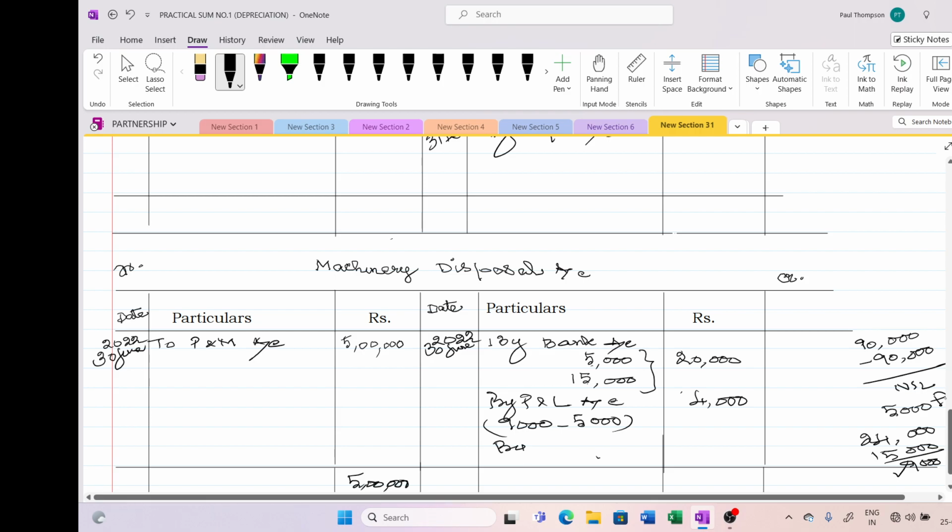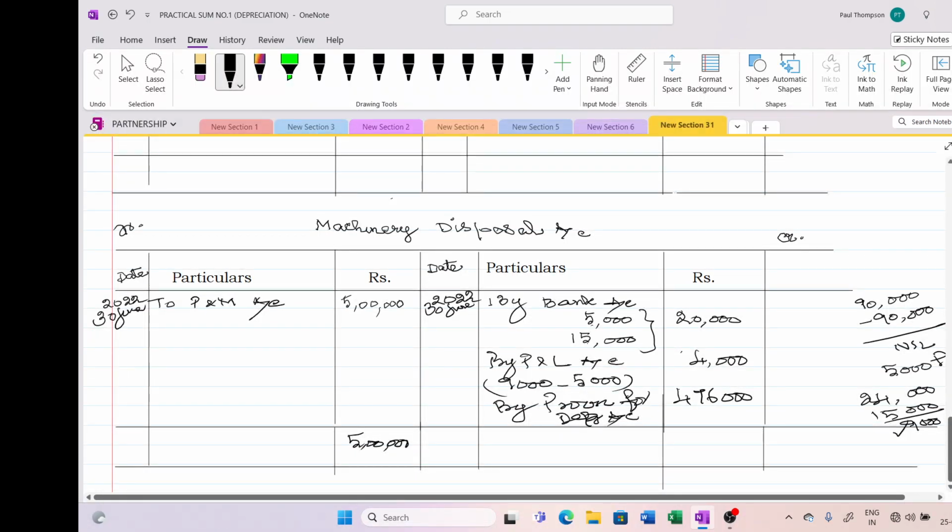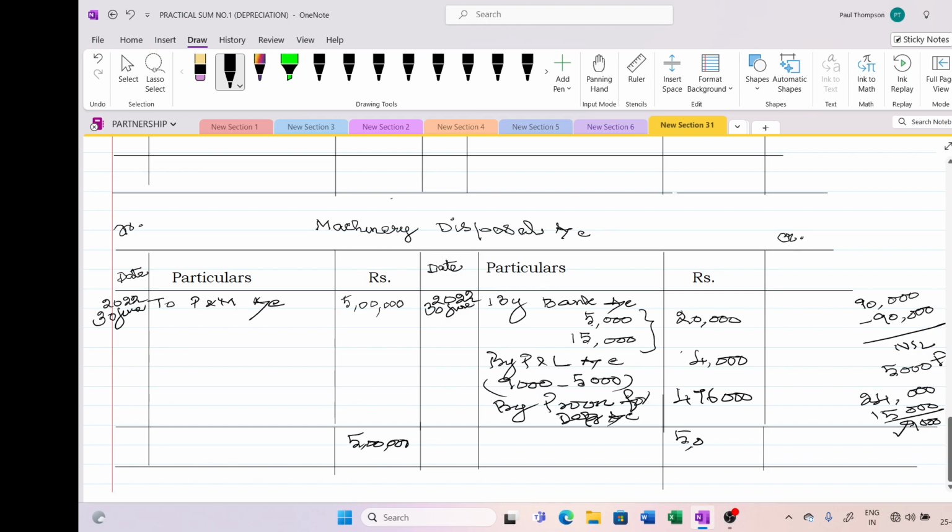So you need not calculate, simply you can take the balancing figure as provision for depreciation account. Still I'll work out and show you 4,76,000. But in your exam, just to save the time, take the balancing figure. So 5 lakh. It will be correct.